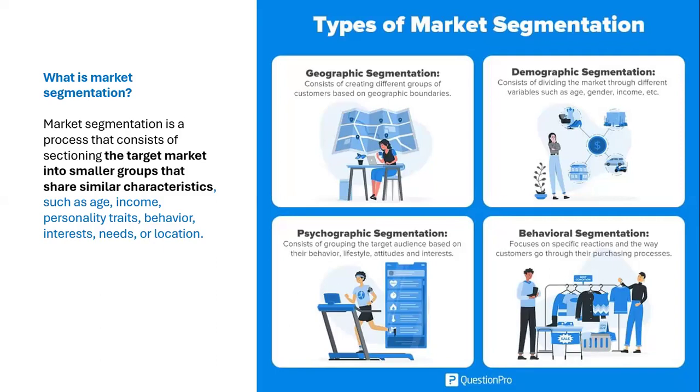So as Excel is importing and processing the data, let's think a bit about what market segmentation is. Market segmentation is the process of dividing the target market or customer base into smaller groups which share similar characteristics. This could be on geography, demography, psychography, behavior. And the reason you do it is that for each of these segments, you can give the relevant communication.